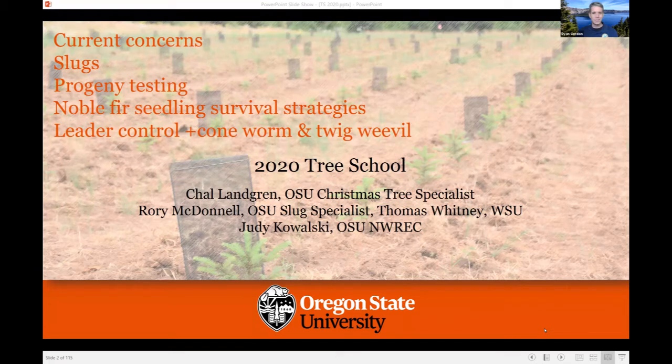In terms of species, things are pretty well clustered around noble fir, Douglas fir, grand fir, and Nordman fir, with 44% also mentioning that they grow other species. And finally, the number harvested in an average year: it looks like a lot of smaller growers are joining us today, with fewer than 2,000. Around 85% of the folks who responded said that. So that lets us know a little bit about who's with us today. Chal, I'm going to close that down and turn it back to you to get into the presentation.